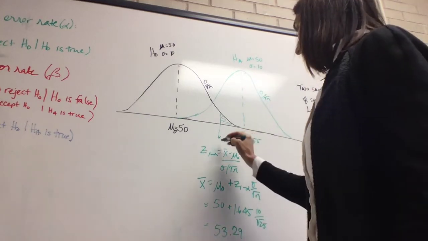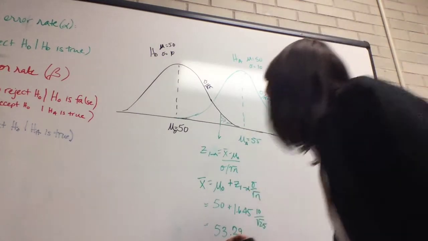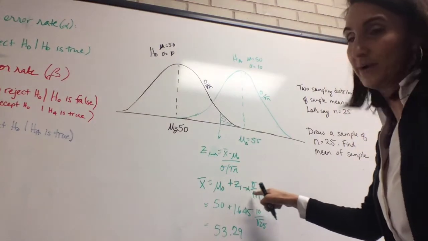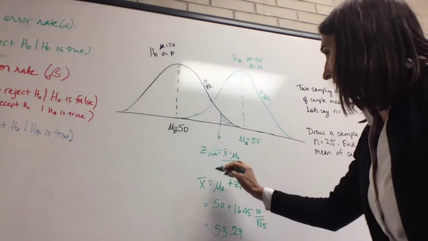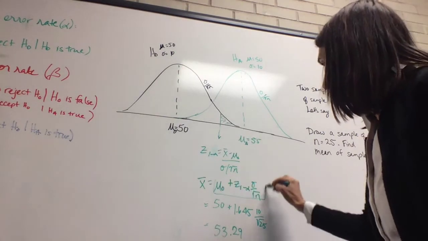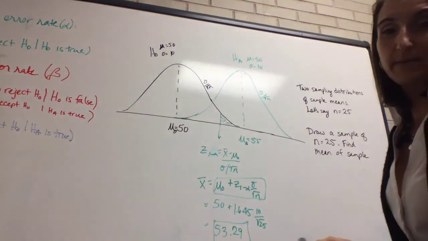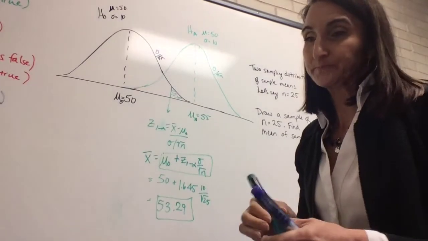So this value here is 53.29, and we can write it more generally as mu naught plus Z sub 1 minus alpha times sigma over radical n. So this is our upper bound.